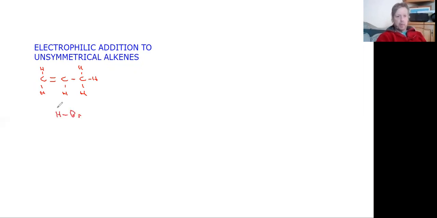And the dipole is explained in the previous video, which is also about electrophilic addition. Okay, so it's just the same as last time for the first step, except that we've got a little bit of a dilemma here because we've got a choice.